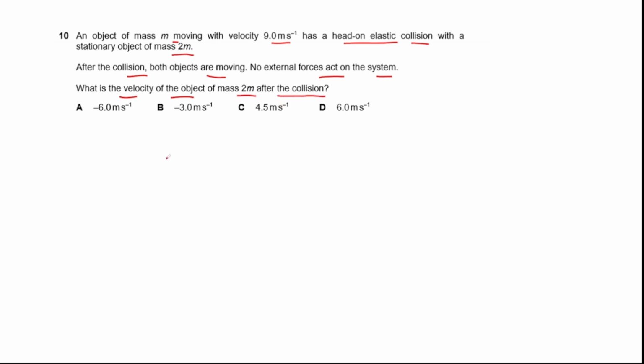Here you are considering momentum conservation, but before that you have to find the condition of an elastic collision, because it is given that it's an elastic collision.